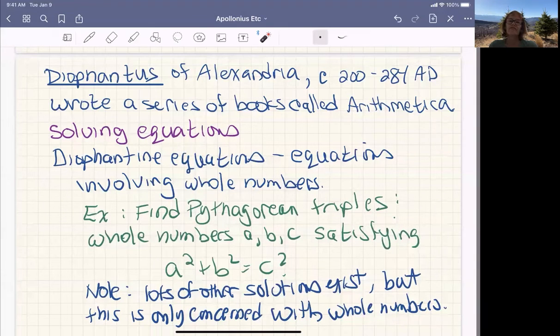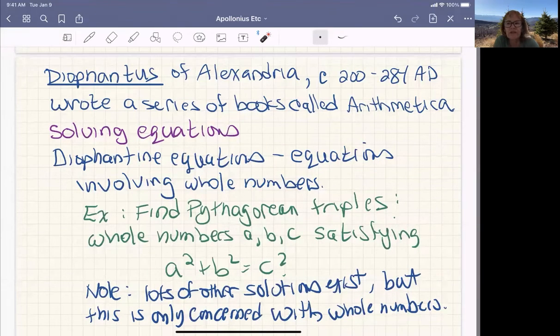He wrote a series of books called Arithmetica. I believe it was 13 books, if I'm not mistaken, and some of them survive.